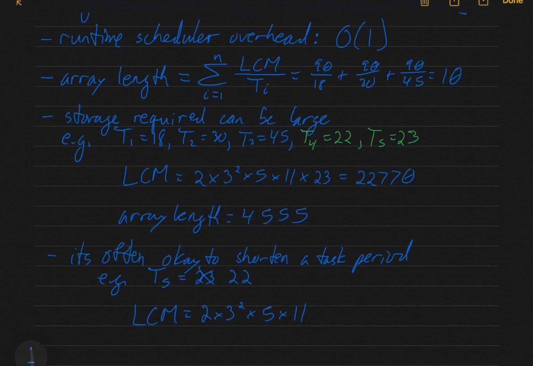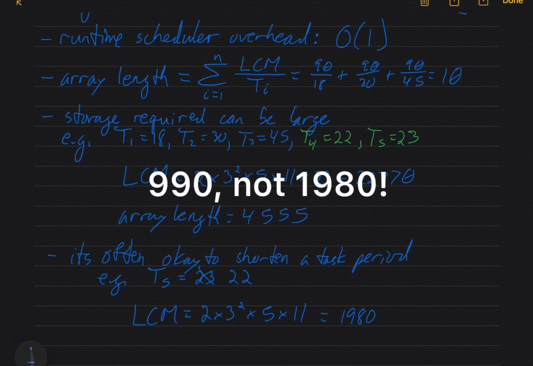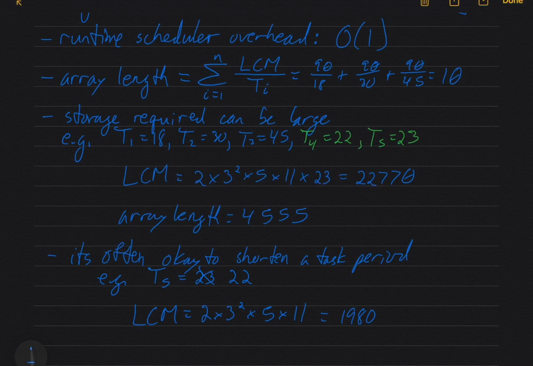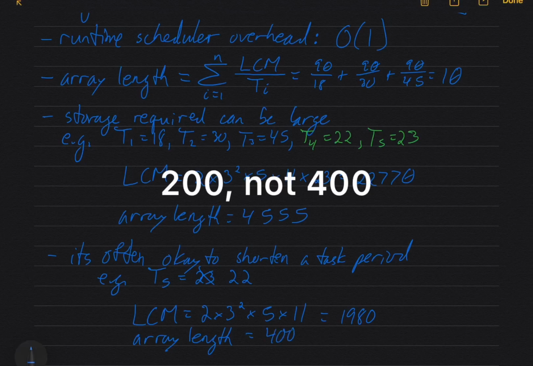So 90 times 11 is 1980. And the array length is going to be equal to 400, which is a fair bit shorter than 4,000.